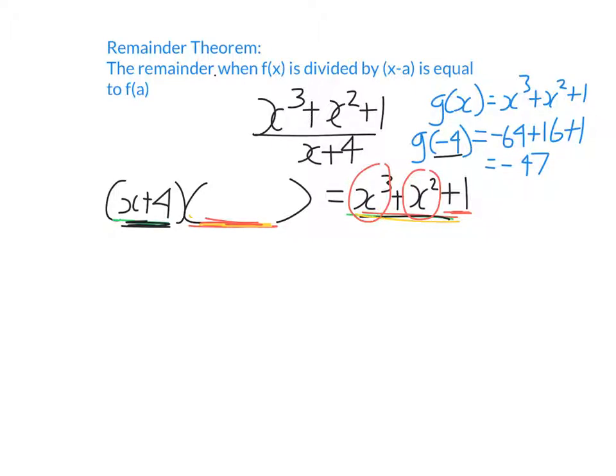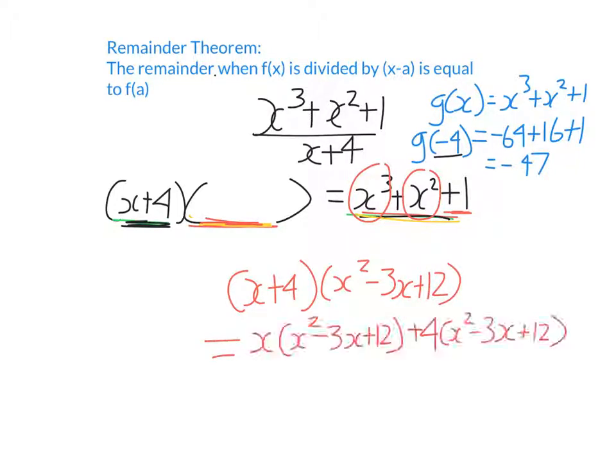So it turns out I can if I times x plus 4 by x squared minus 3x plus 12. If I expand this, I get this. So this is just using polynomial expansions, expanding the brackets like we did last lesson. So timesing x by the first brackets gives me this, and then I multiply 4 by the second bracket to get this. Now I collect like terms to give me this.